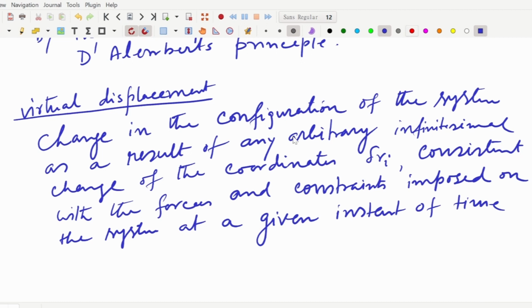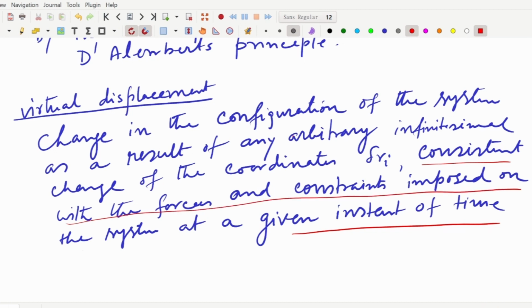So the important point is that it is at a given instant of time. Another important thing is that it is consistent with the forces and the constraints imposed on the system.